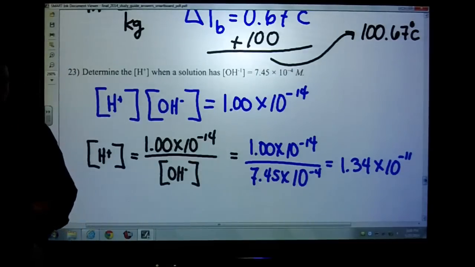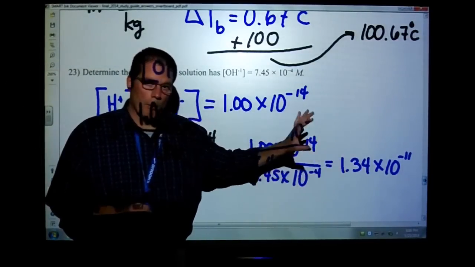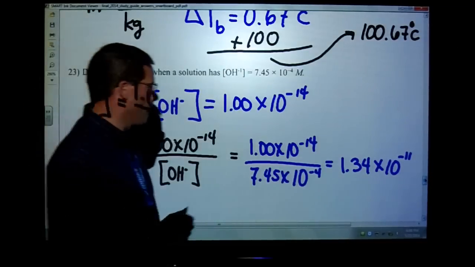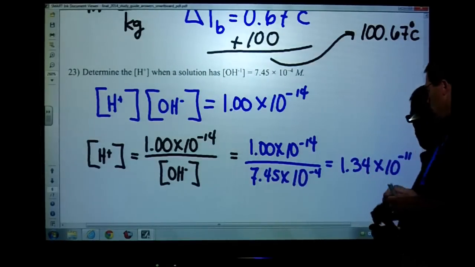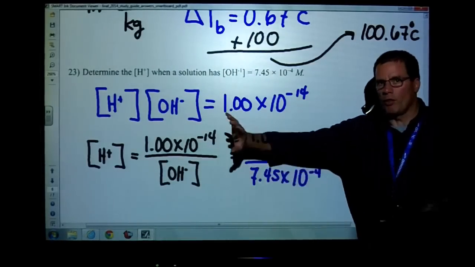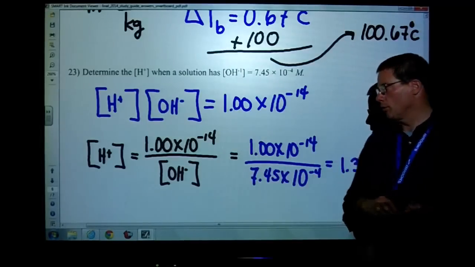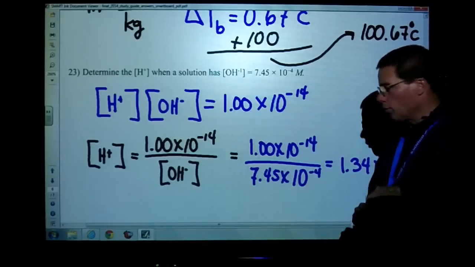Okay? So again, don't try to do this in your head. Let your calculator do this, and be sure that you can do that. So what I didn't ask, and I should have asked, is once you get this value here, does this indicate an acidic solution or a basic solution? Well, I'm asking something that wasn't asked.